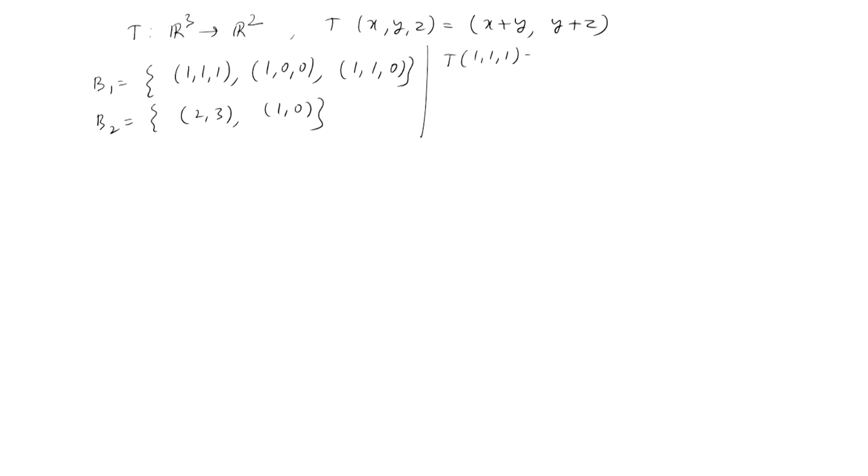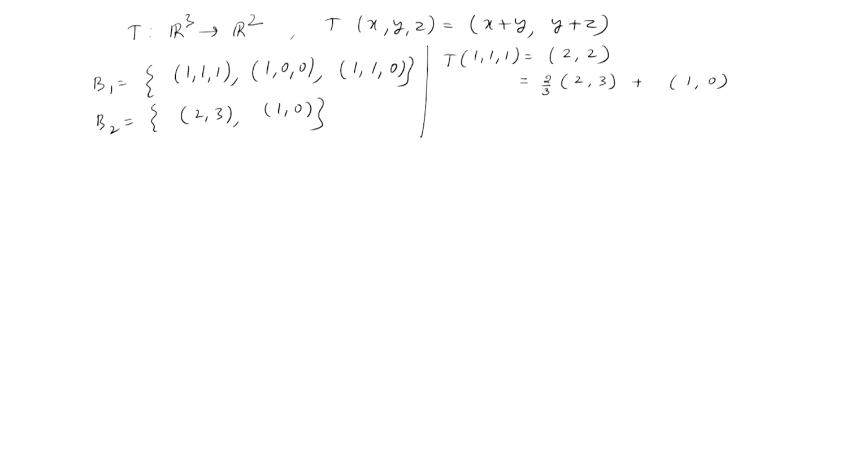First we find T of (1, 1, 1) from here, which is (2, 2). Now this has to be written as a linear combination of (2, 3) and (1, 0). The second component is 3 and we want 2, so it is 2 by 3 times this, then only it will become 2, because there is no second component here.